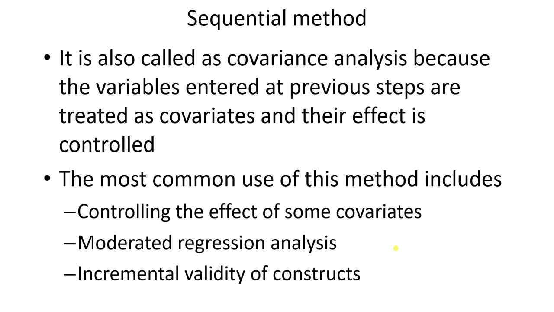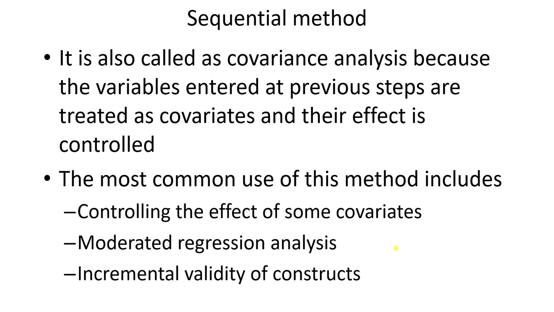If the stress is higher, health will be poor. But not all people having high stress develop mental health problems. Those people who have high stress but very good social relationships, social support, are less likely to develop mental health problems. So the stress-health relationship may be moderated by the amount of social support received by the person.